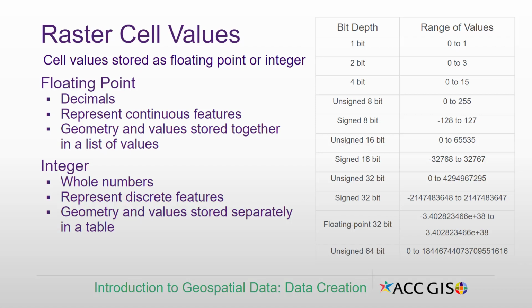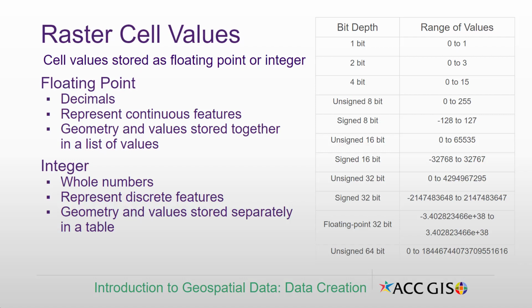If you look on the right-hand side of your screen, you can see the different bit depths and how they affect the amount of data that you can store in there. So 1 bit is really just binary data. It either is 0 or 1. It either is or isn't whatever you're interested in, all the way down to unsigned 64-bit, which you can store really large whole numbers in. And so which approach you take depends on what the data is you're ultimately capturing.